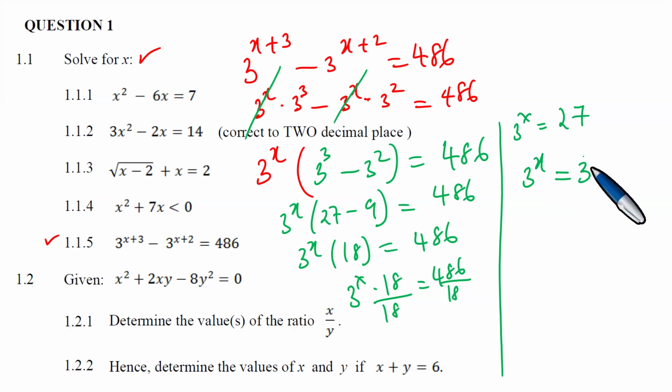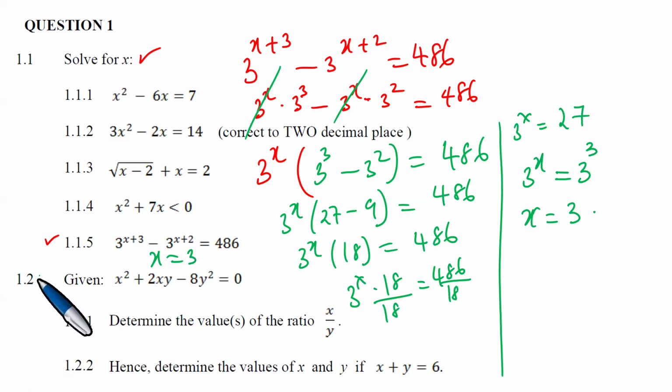We can write it as 3 cubed. What do we do now? We equate the exponents because the bases are the same, getting x equals 3. And that is the solution to this. So here we have x equals 3.